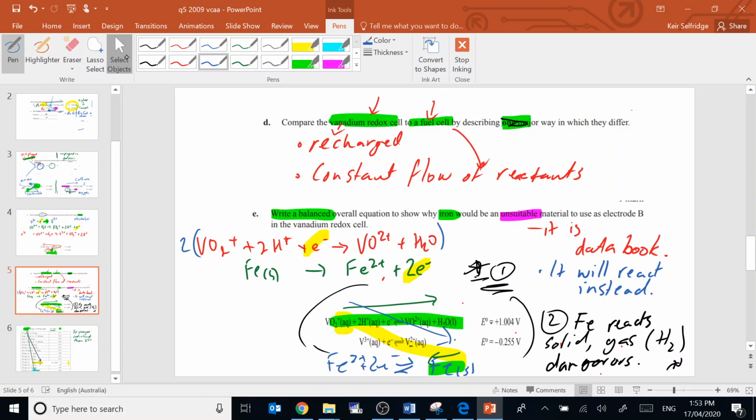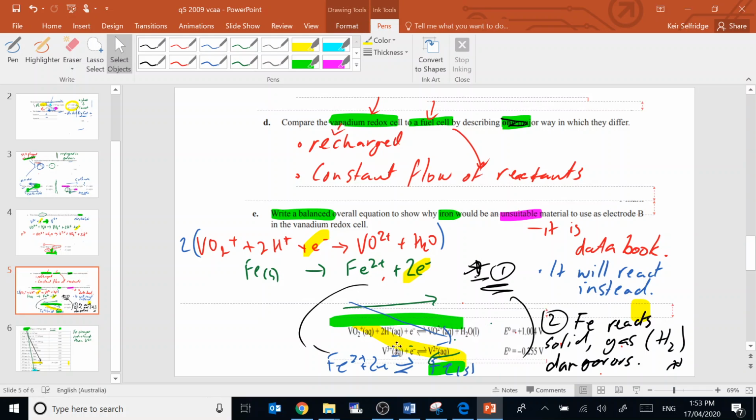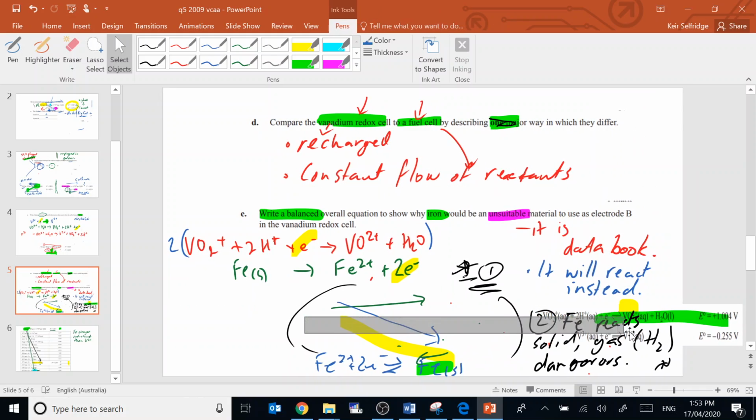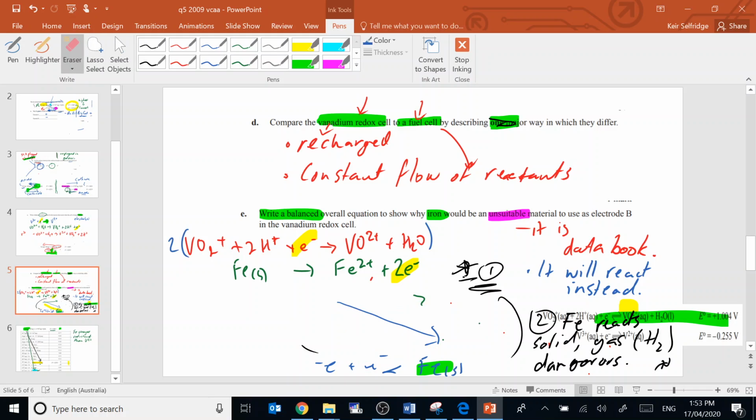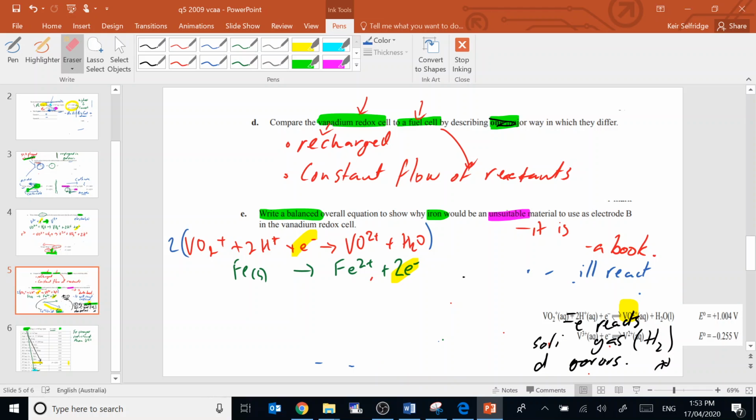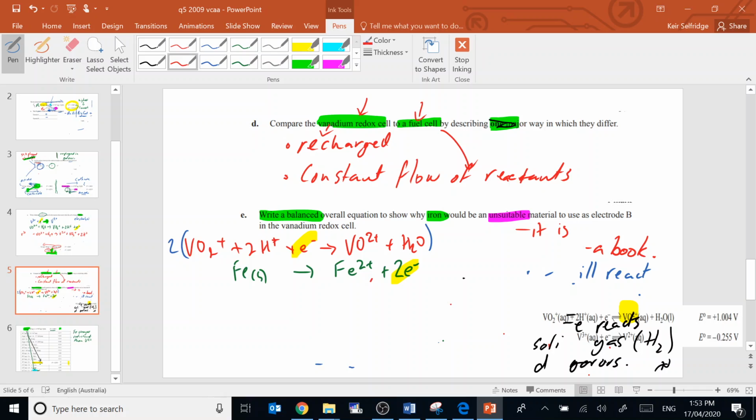Let's see if I can get some stuff out of the way, just to give me some extra space. No, that didn't work. Okay, so if I'm now going to put them both together, I'm going to do 2VO2 plus 2H plus 2 electron.